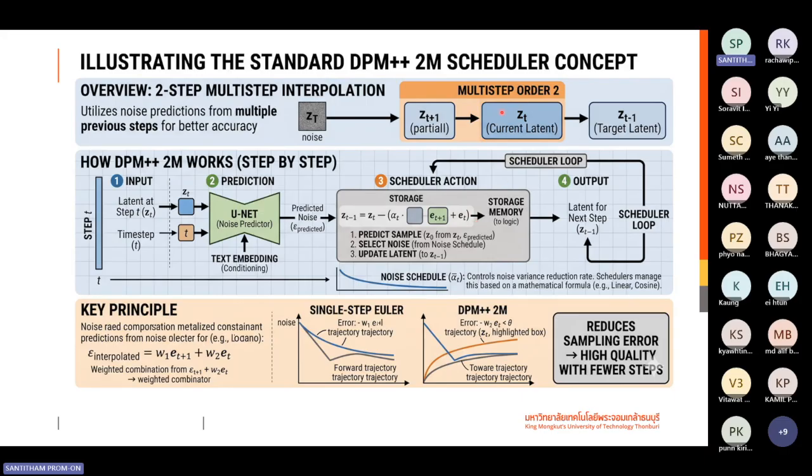Think of it as having the previous latent, the latent before the current latent, and then doing interpolation to get the target latent, right? Something like that. The principle is that the predicted interpolated noise comes from the weight of the two, so you combine both together. Okay, so this is how the different types of noise scheduler work.